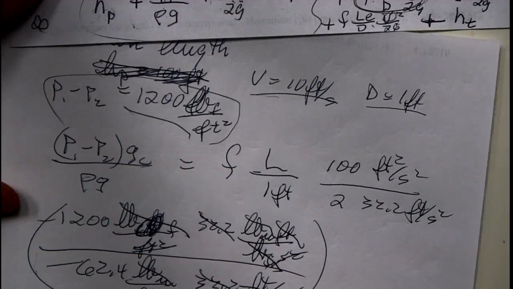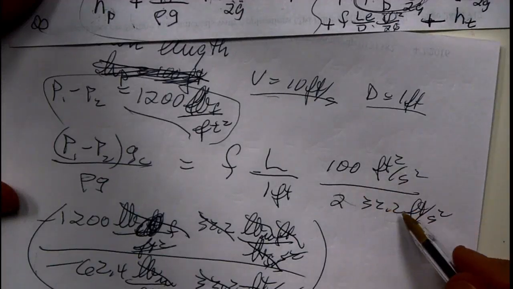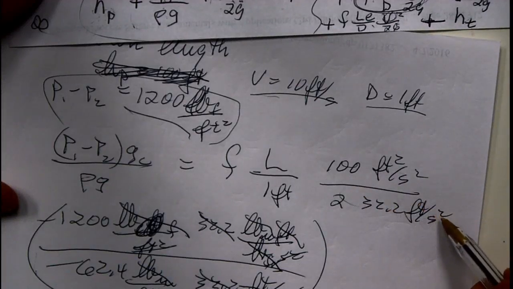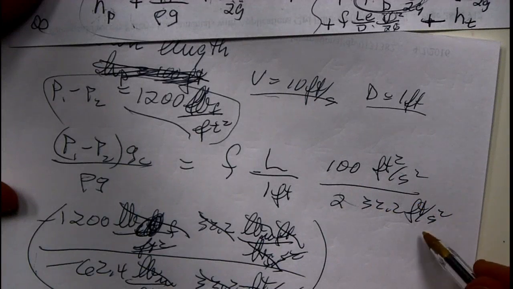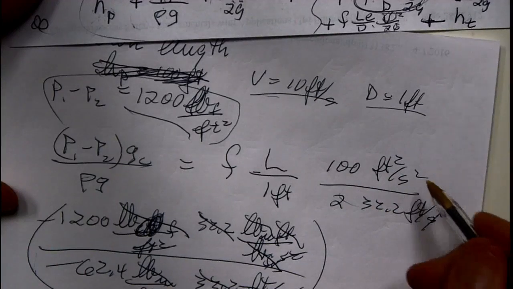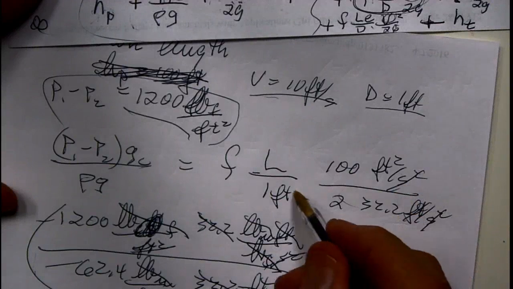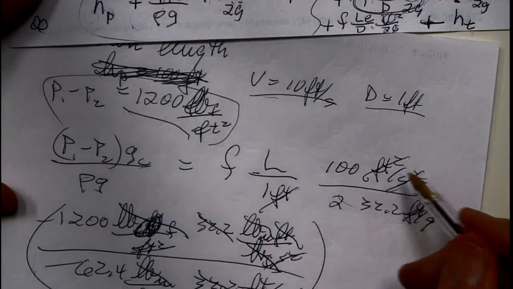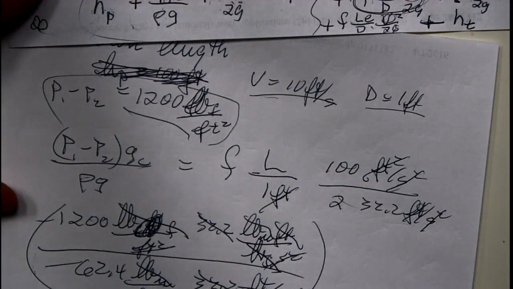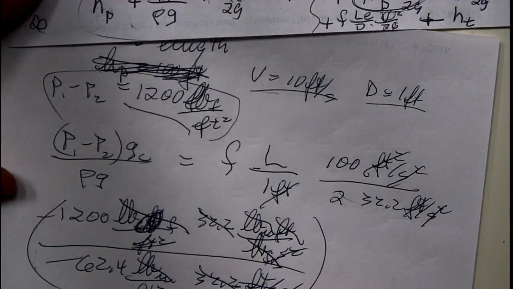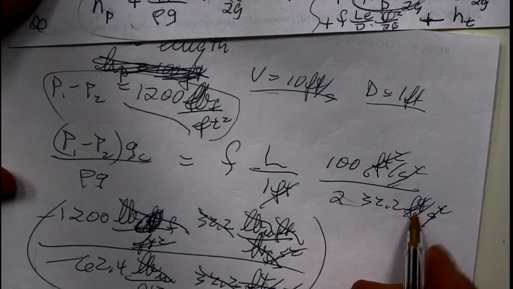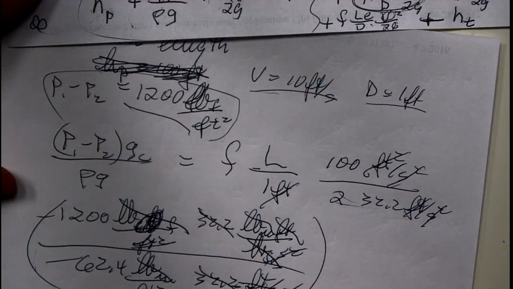And we got the correct units, because over here, our units are seconds cancel seconds, feet squared cancels that. Okay. So over here we'll have friction factor times L times 100 divided by 64.